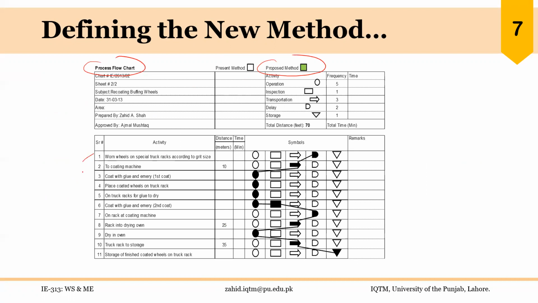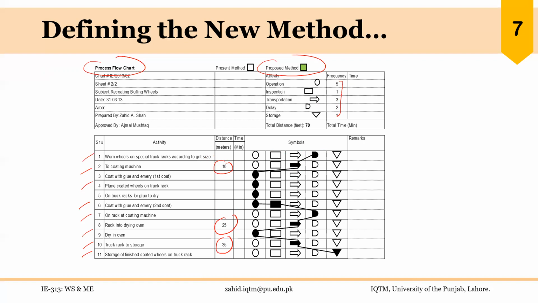You can see that we have the steps that are required to perform the task, their brief description, as well as some additional details like the distance that will be traveled by the material or the part, and a summary of different elements of the work. So this is a very simple description of the method that we have developed.